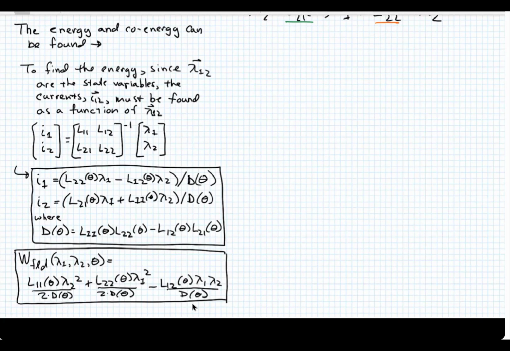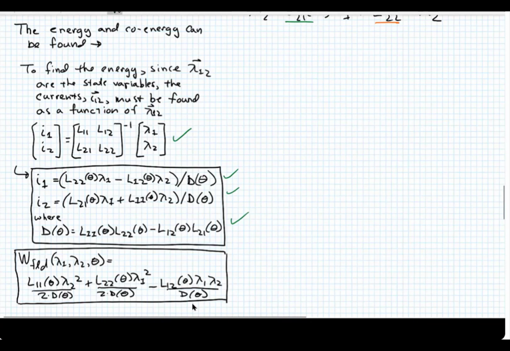We would have to show currents in terms of flux linkages. So you'd have to do this matrix inversion, and you'd have to come up with these expressions right here for I1 and I2 if you want to come up with a co-energy that is related to lambda and L.